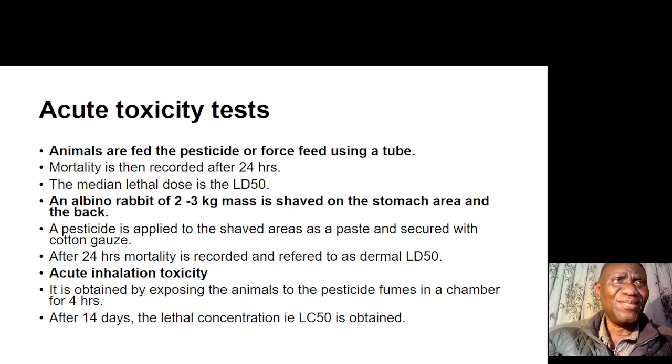There's also what is known as acute inhalation toxicity. It is obtained by exposing the animals to the pesticide fumes in a chamber for 4 hours. After, let's say, 14 days, the lethal concentration or LC50 is obtained.